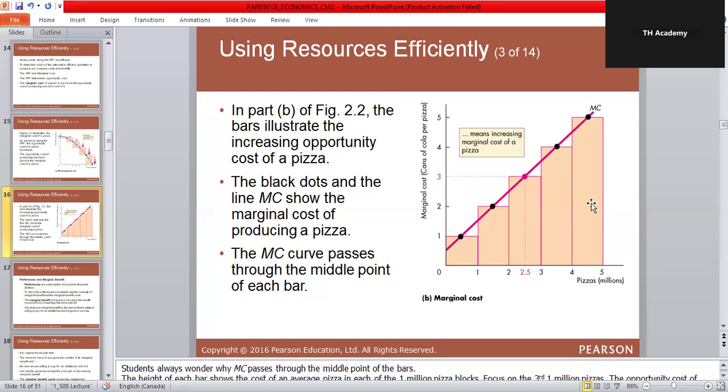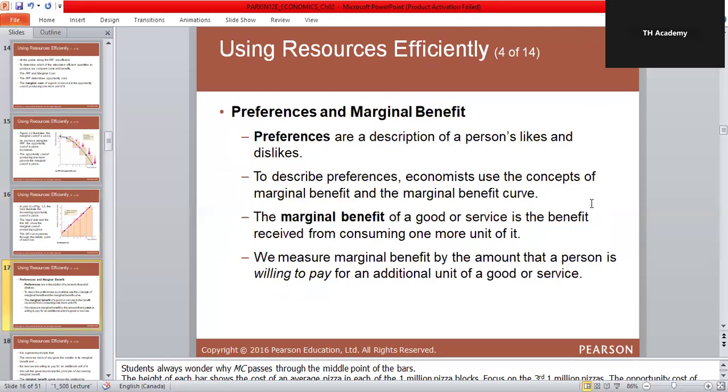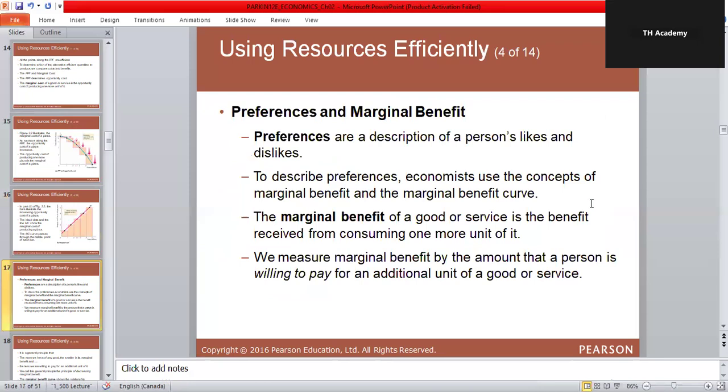The key idea of this slide is the marginal cost increases as we produce more pizza, and it shows exactly what we give up to get one more unit. So that's why economists call it the marginal cost of production. Now let's move to preferences and marginal benefits. Preferences show what people like or dislike.